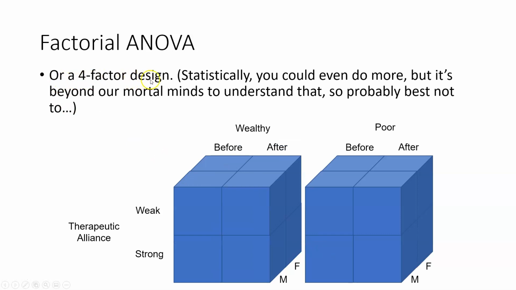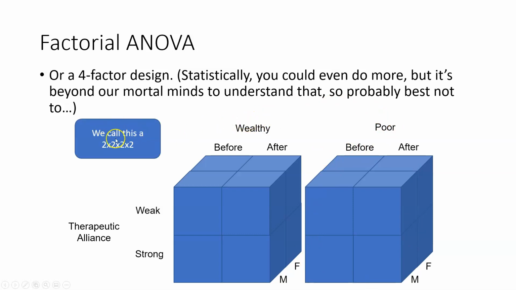We could even do a 4-factor design. Statistically, you could do more, but it's beyond our mortal minds to understand that, so probably best not to. But you could, for instance, have the same block of variables that you had before, which would be weak versus strong therapeutic alliance, before and after, male and female. But then you could also add this dimension of wealthy versus poor, and you would have all 3 of those variables for wealthy folks and all 3 of those variables for poor folks, which would make a 4th variable here of wealthy versus poor.